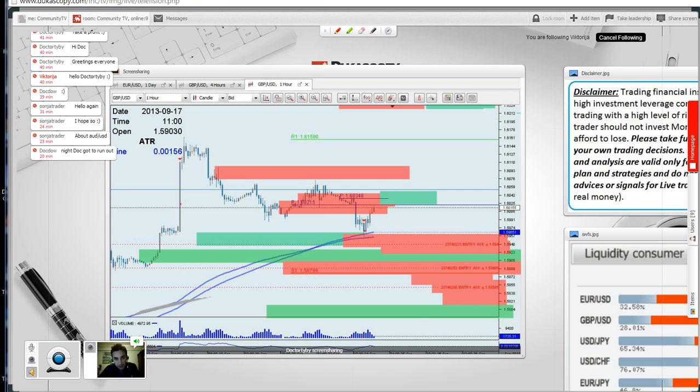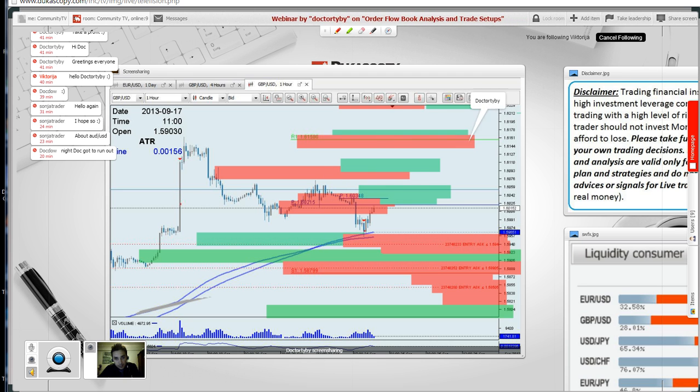Buy stop orders above 1.6020 and around 1.6050. At 1.61, one more buy stop orders, and a more important buy stop orders area at 1.6150. This shows a high probability that price will go lower, of course, in my opinion.